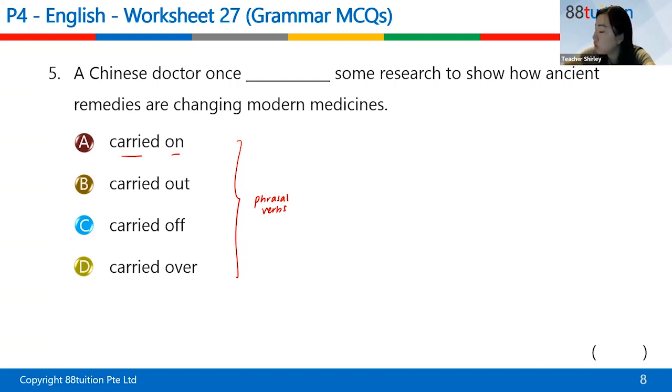Carried on means to continue an activity. If we are to continue an activity, you carry on an activity, or some people just behave in a particular way. You can carry on with your behavior. So there are two meanings to it.